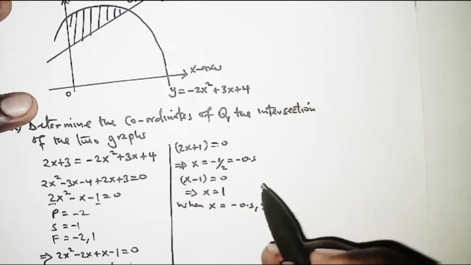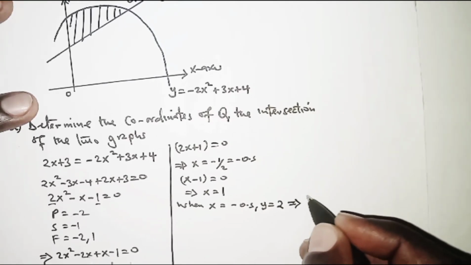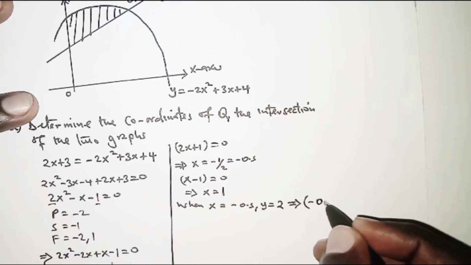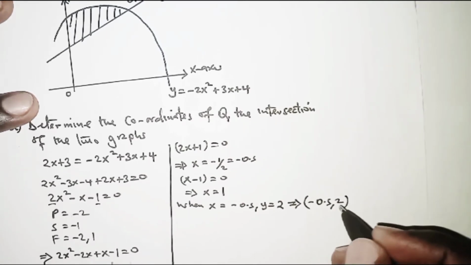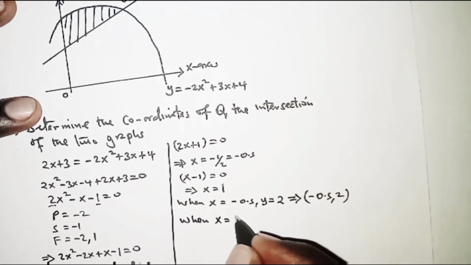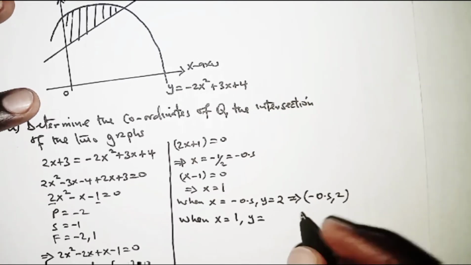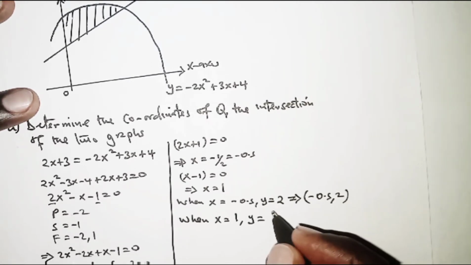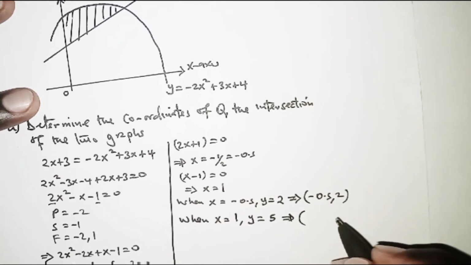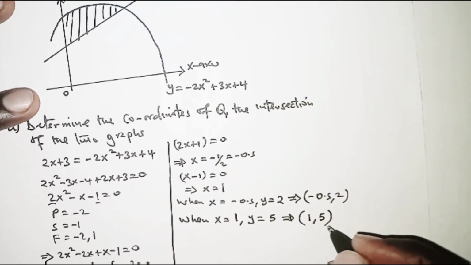Doing our substitution correctly, y should be 2, and that implies that the point in question here is negative 0.5, 2. We also have the other possibility when x is positive 1. Substituting the same way, y is positive 5. So the point here is 1, 5.